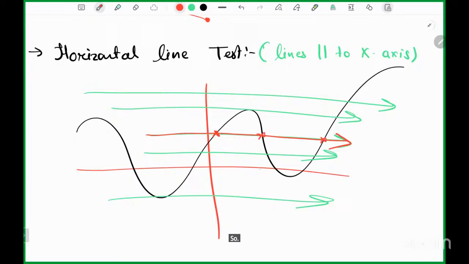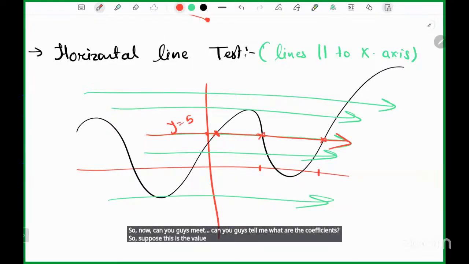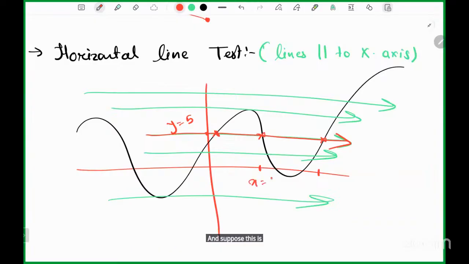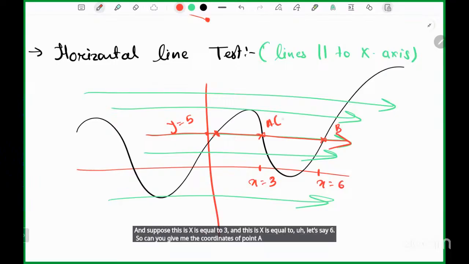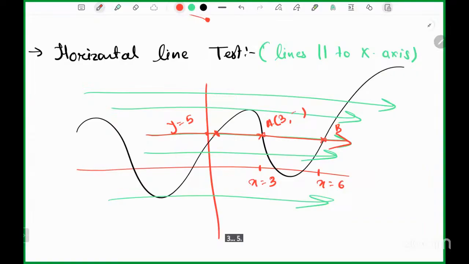Suppose this is y equals 5, and suppose this is x equals 3, and this is x equals, let's say, 6. Can you give me the coordinates of points A and B? Ma'am, 3, 5. And the coordinates of point B will be 6, 5.